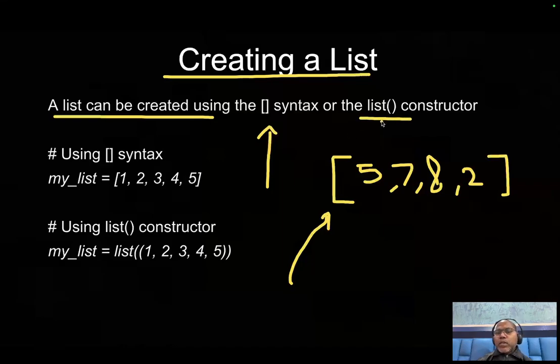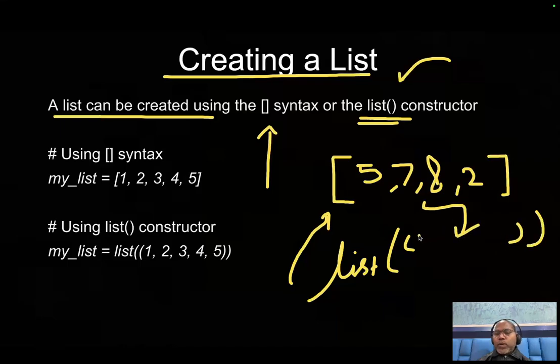Another way is the list constructor. You can use list and provide whatever values you want, 7, 8 and 9. So these are the two ways to create a list object.